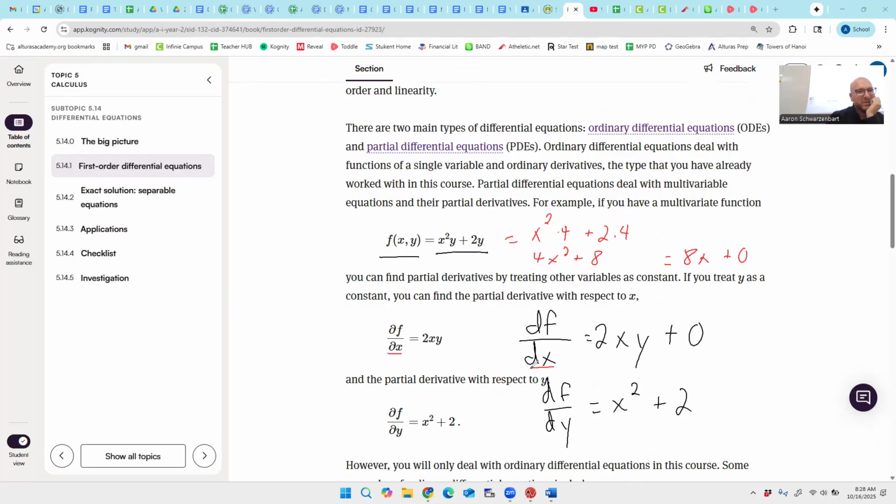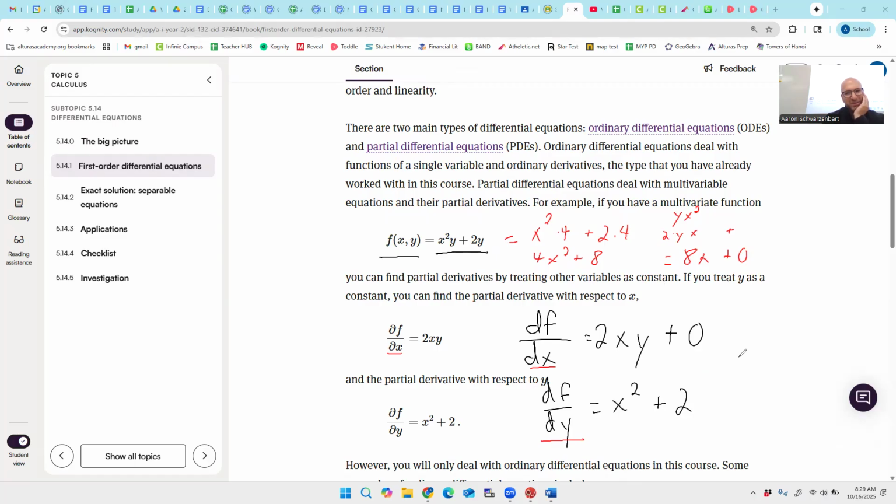So my independent variable's x, right? That means everything else here is a constant. So it's like yx squared. With constants, you bring the 2 in front and multiply. Reduce the power by 1. But then how do you get the second one? So now mine is y.